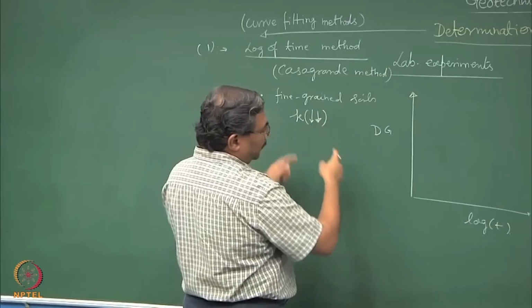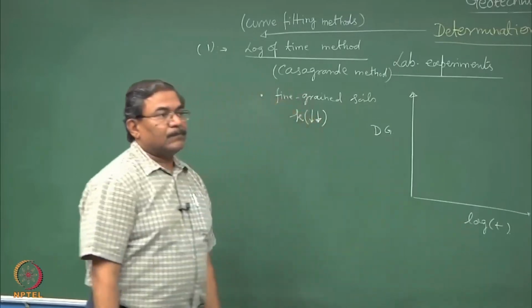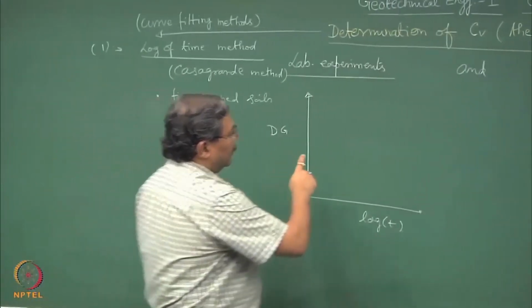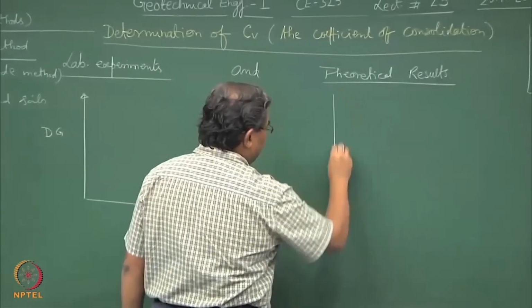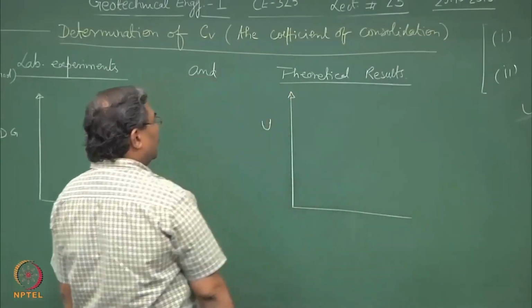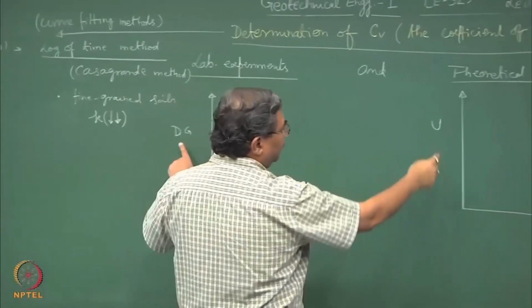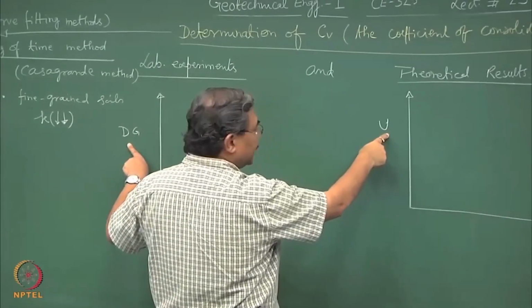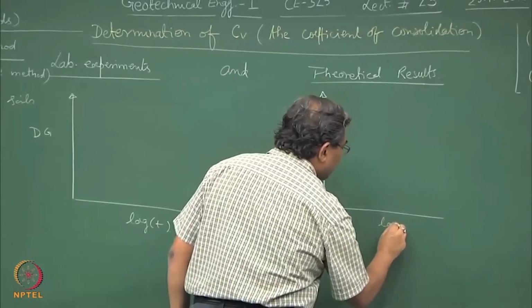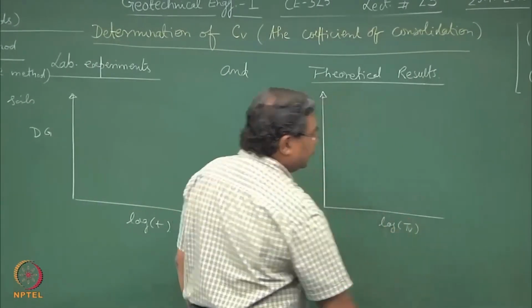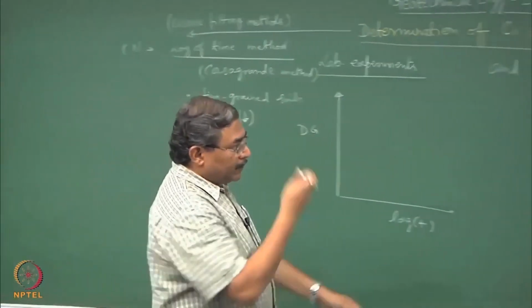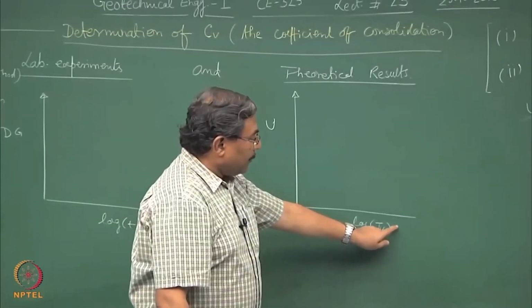So, that is the reason we plot it on log scale. Fine. So, the equivalence between this and the theoretical result is that if I plot U, because from dial gauge reading ultimately I wanted to know U, which we have already discussed, here on the x axis log of Tv is plotted, because Tv is also a sort of a non-dimensional time factor.